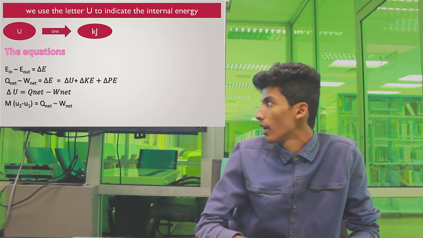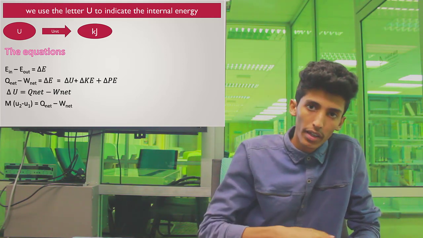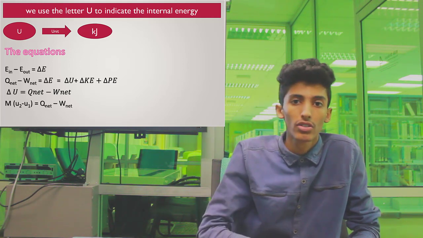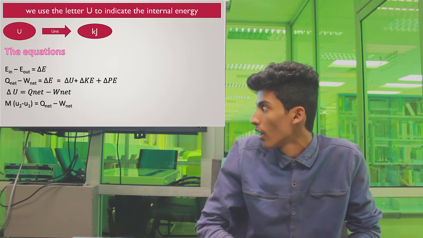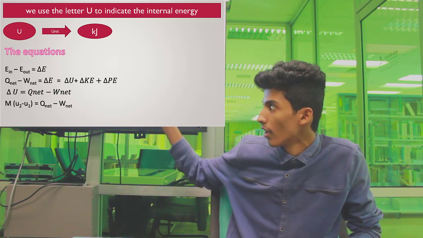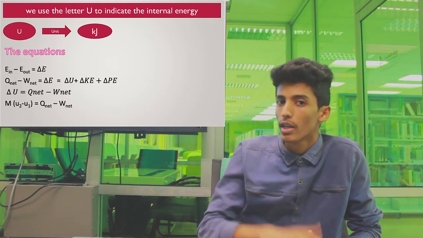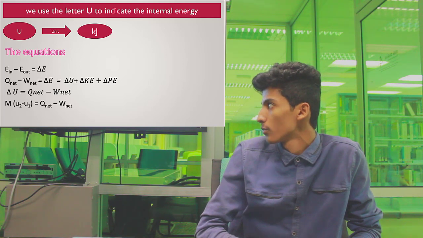Okay, and the Q net here is the total heat that's coming into a system and coming out of it, and W indicates work. For the third equation, we actually simplified the second equation more because most of the times kinetic and potential energies can be neglected.